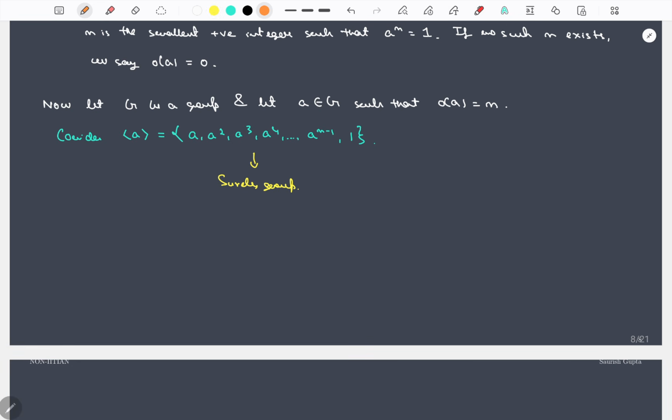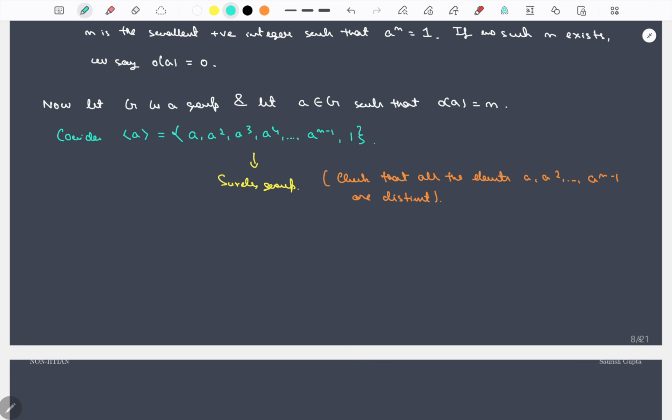Moreover, I am giving you a very brief exercise. Check that all the elements A squared till A to the power n minus 1 are distinct. Okay.